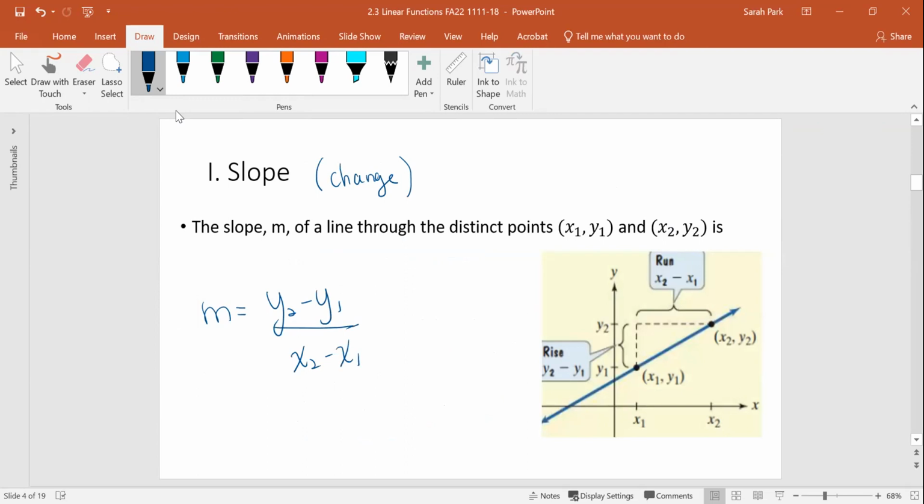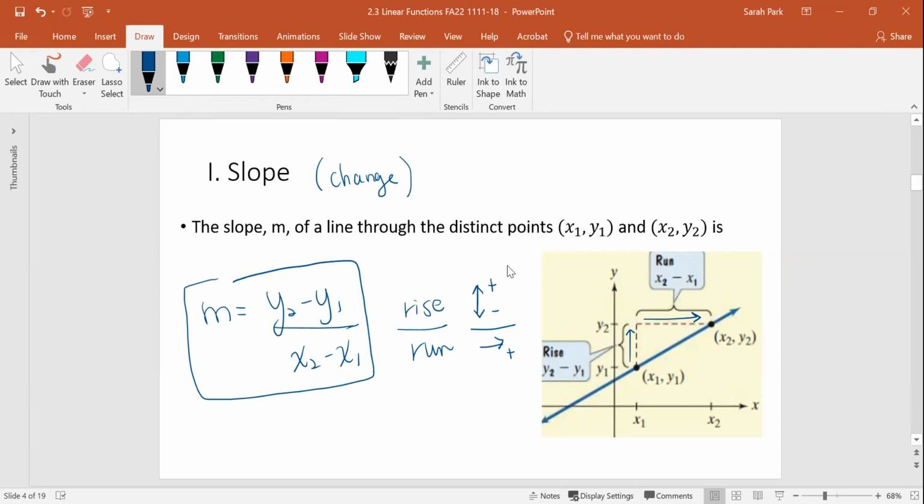You probably all know this formula, but this is also known as rise over run. The rise is we either go up or down depending on whether the slope is positive or negative. The run, you're always going to go right and never left. Here's the rise, and then here's the run. Make sure you have that written down in your notebook.